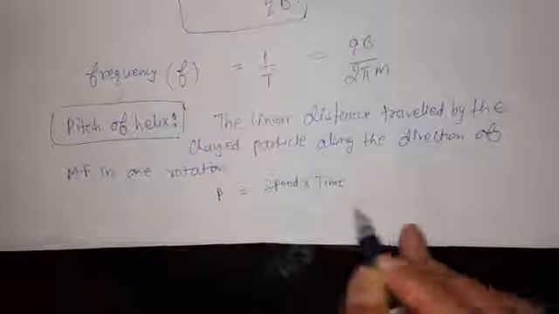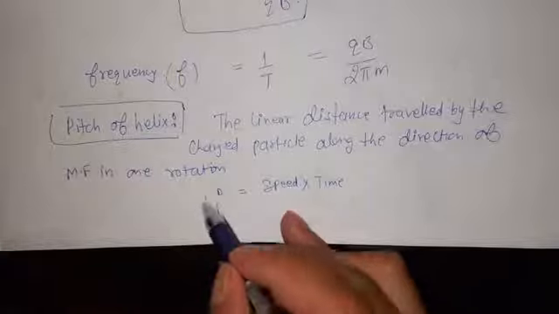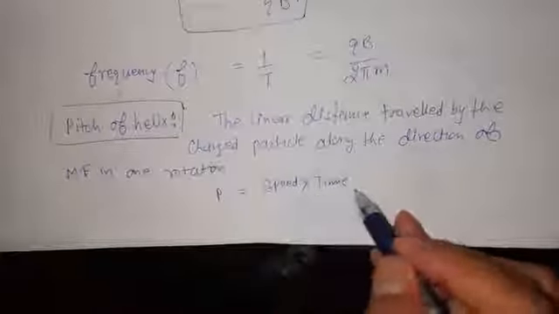As we know, distance is equal to speed into time. Pitch is that linear distance, so distance is equal to speed into time.